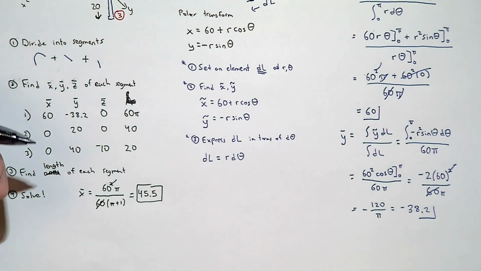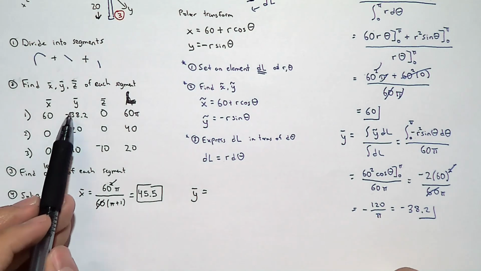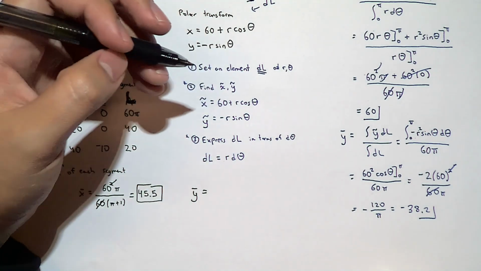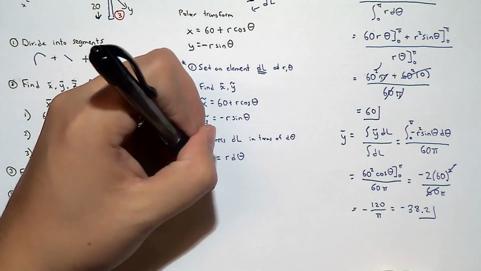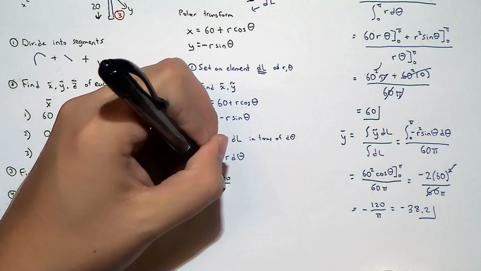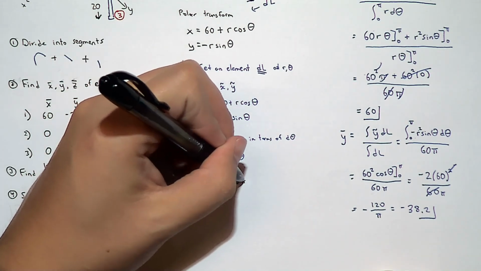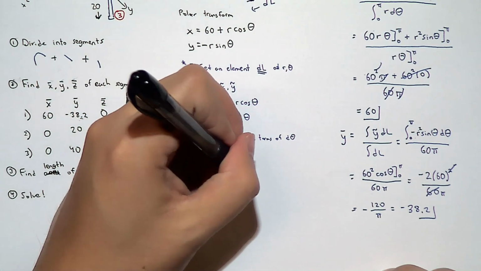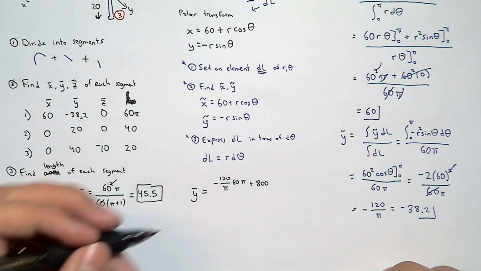The y coordinate of the centroid is located at the sum of each coordinate times its length. In this case, we have negative 38.2 times 60 pi. Actually, I'll just write it down in fraction form. So negative 120 over pi times 60 pi. That way we can cancel out the pi's and reduce rounding error. Plus 20 times 40, that's 800. Plus 40 times 20, that's 800.